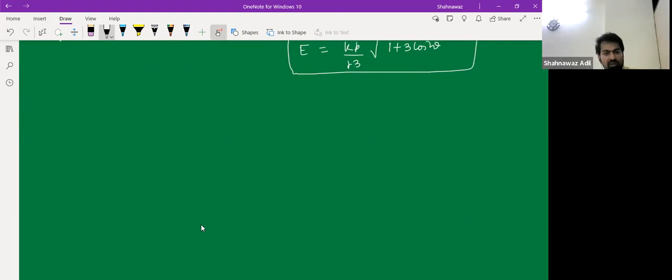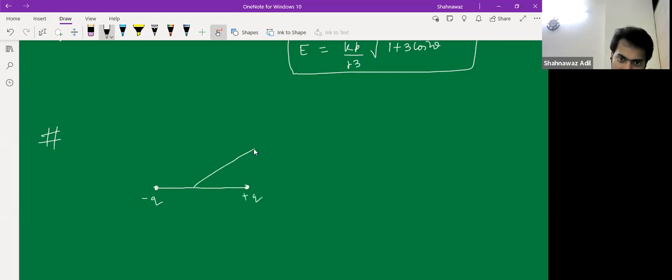But the direction is also important. Right, so just remember again the diagram. I will keep revisiting this diagram because this diagram has all the answers. So minus q, plus q, general point, right? And the electric field was this E1, this is theta, and E2.